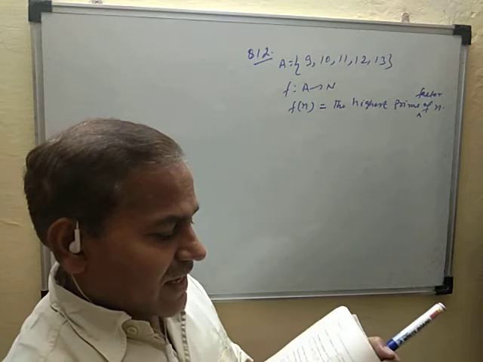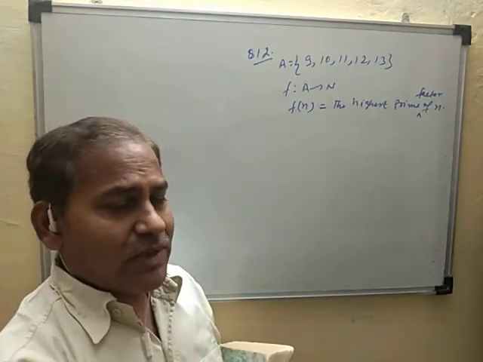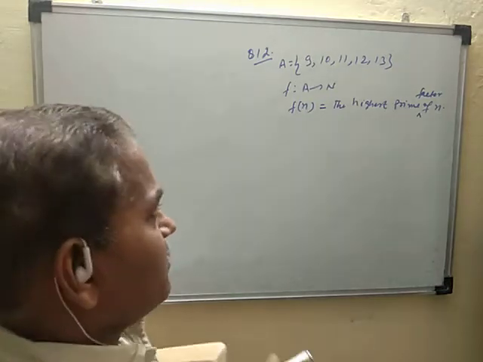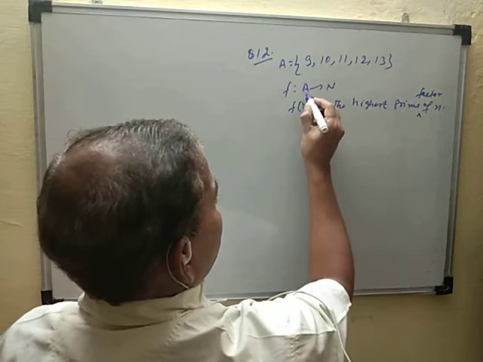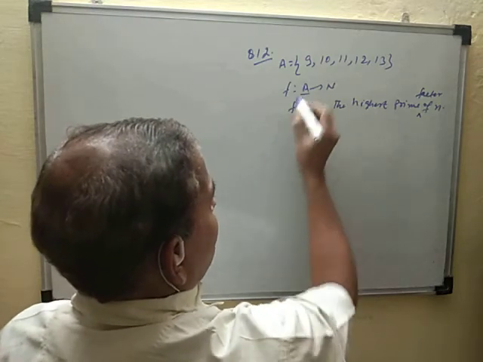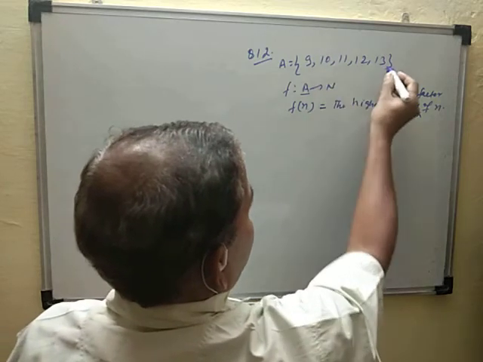Find the range of f. We have to find the range of f, that is the values of f of x. So set A has these elements, so put the values of n from this.